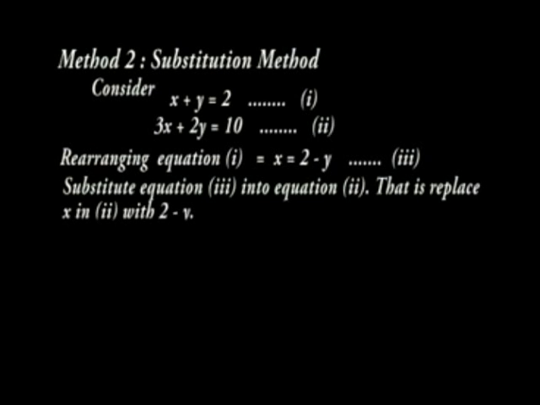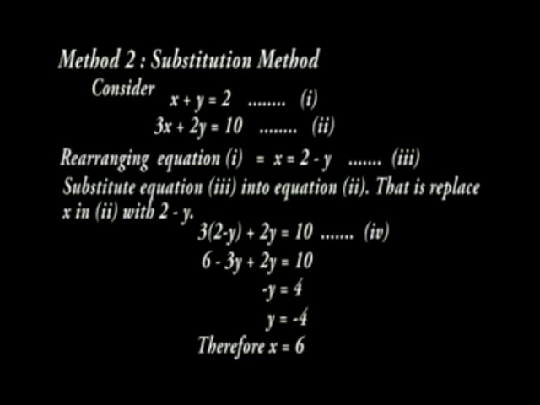That is, replace x in 2 with 2 minus y. We shall have 3 into 2 minus y plus 2y equals 10. Equation 4 is now easy to solve, and we will have y is equal to minus 4, hence x is equal to 6.